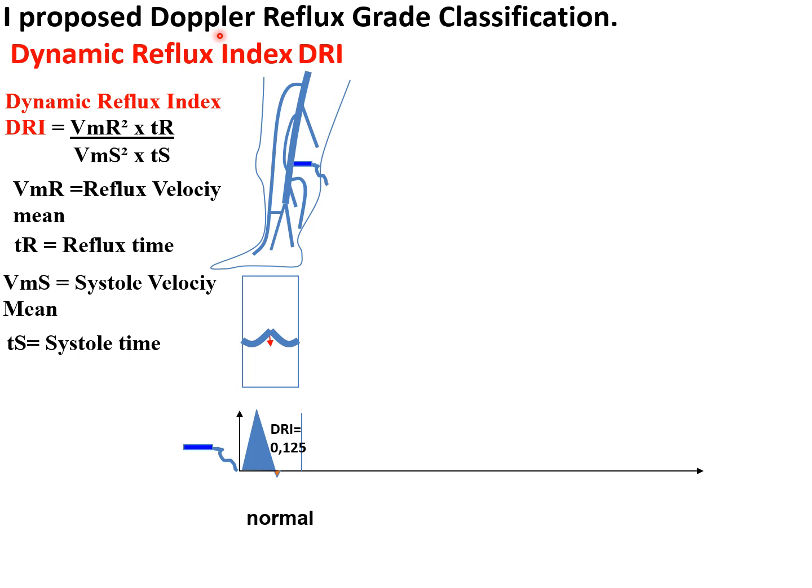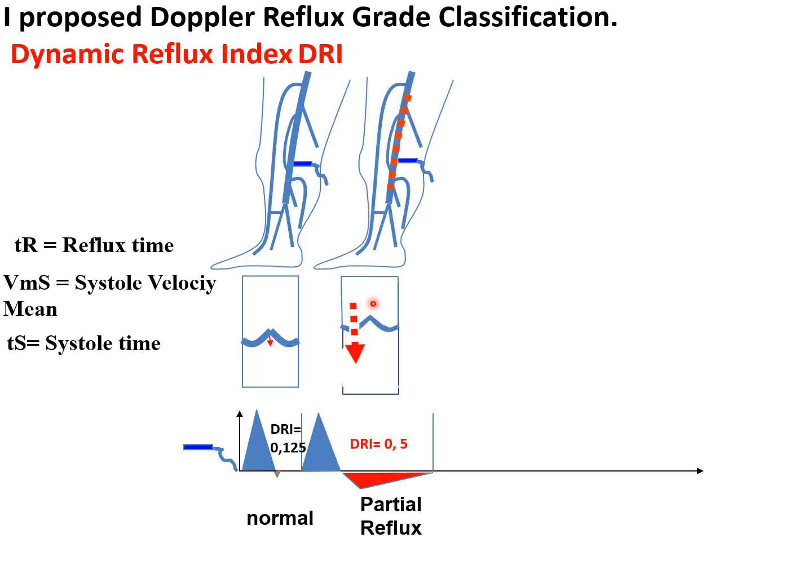I proposed the Doppler reflux rate classification, which I called the dynamic reflux index, DRI, according to the reflux velocity mean, reflux time, systolic velocity mean, and systolic time. In this case, the dynamic reflux index is 0.125. Partial reflux, due to just a leak here, is 0.5.